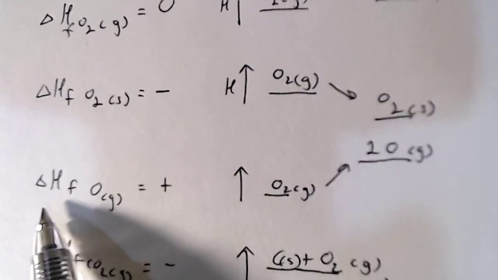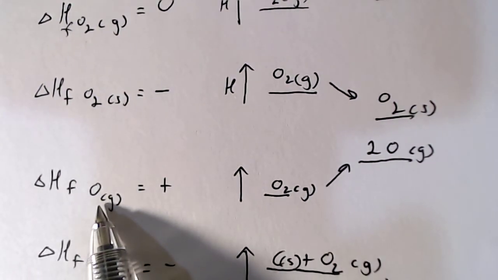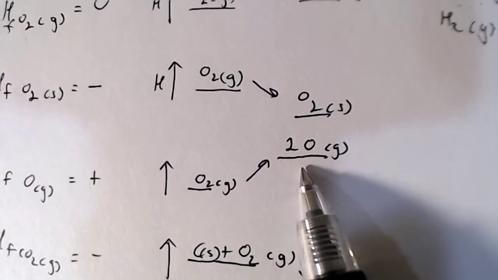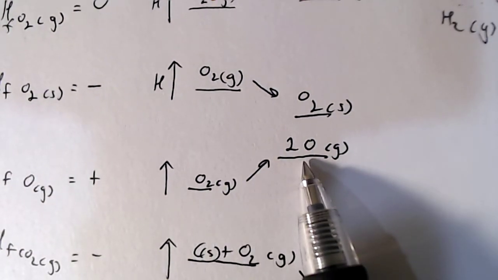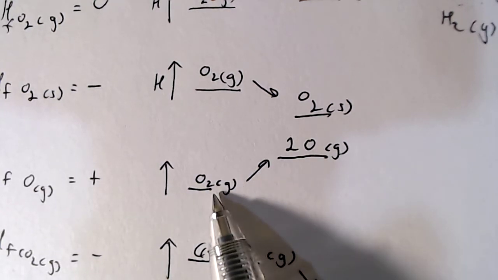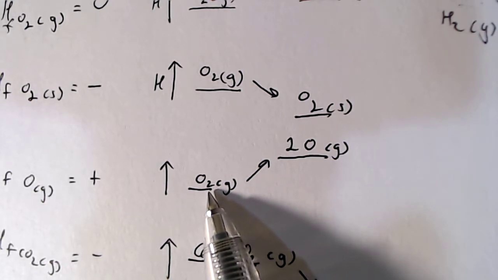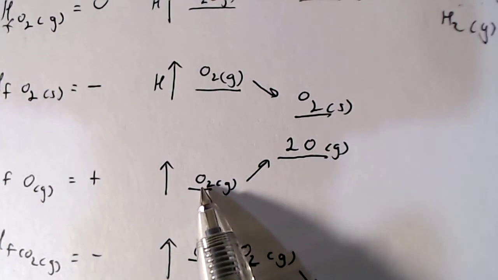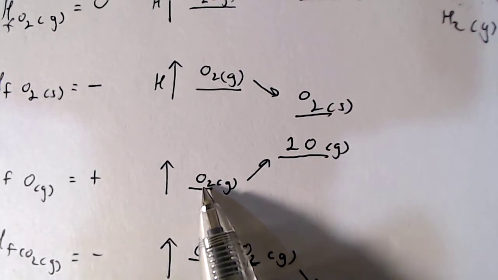What about the heat of formation of monoatomic oxygen as a gas? That's positive. You would need to form it from O2, the way that oxygen normally exists. But of course, oxygen, O2, is more stable than monoatomic oxygen because this has bonds holding these two oxygen atoms together.